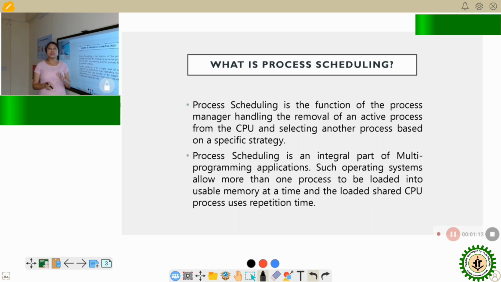In our regular computers, as we know, we have only one CPU. So at a time in a scheduling algorithm, we are allocating one process to the CPU. Okay, so which process is going to be executed next? That is the main task of the scheduler. Okay, that is our scheduling algorithm.